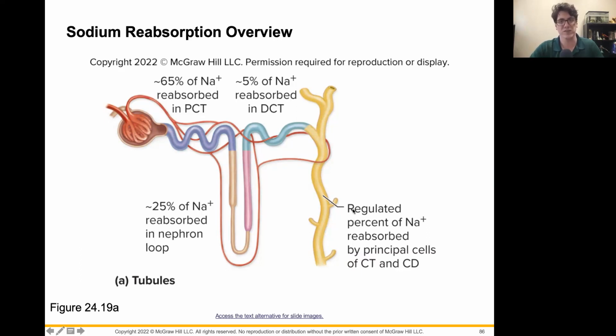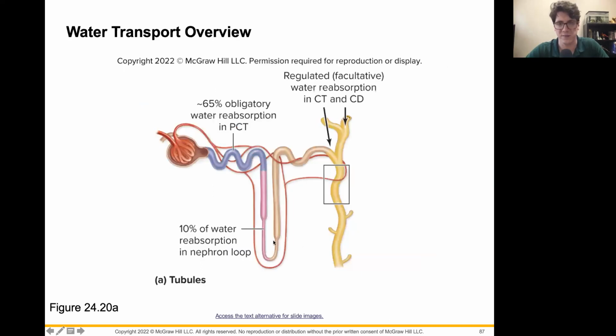So we're able to do this by regulating how much of the sodium gets reabsorbed in the collecting ducts and collecting tubules over here, whereas most of it gets reabsorbed in the proximal convoluted tubule, a little bit in the nephron loop, so around 25% of it, and then a little bit more in the distal convoluted tubule. We can then start to regulate within these parameters, like, okay, how much are we actually going to need to reabsorb? And that's going to be based off of the body's need and how much is in there.